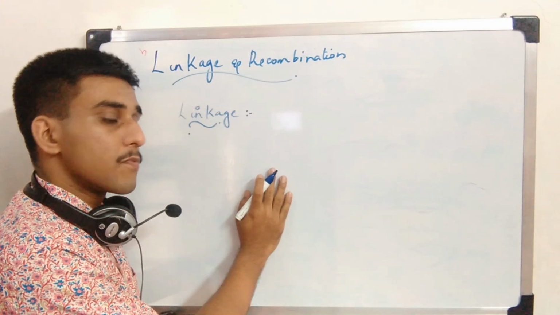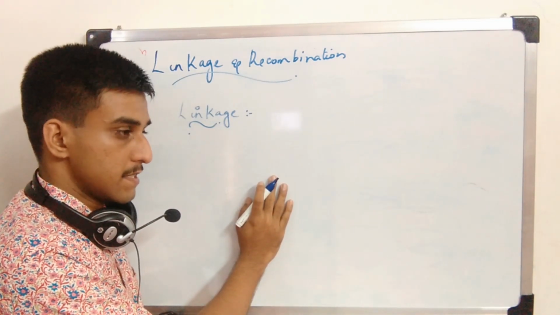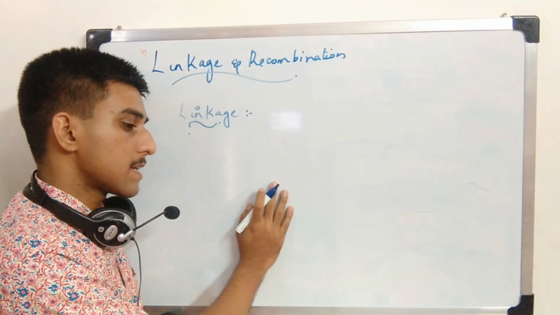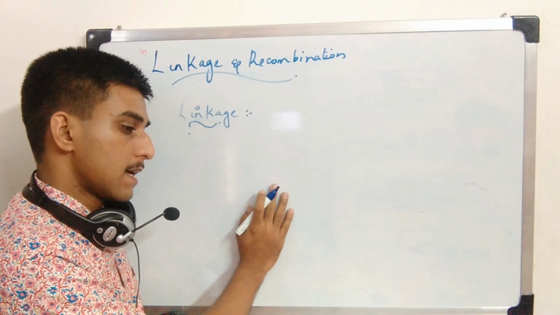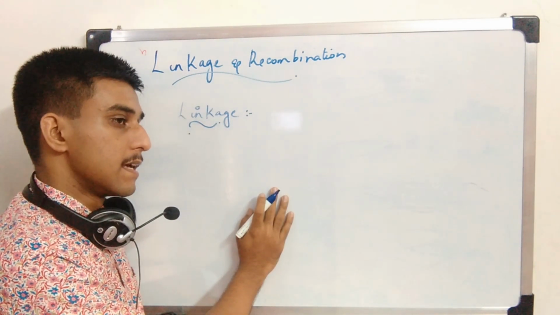What is the purpose of linkage? The purpose of linkage is to find the distance between two genes or more than two genes in the same chromosome. Why am I saying same chromosome? Because we can define linkage only in the same chromosome.